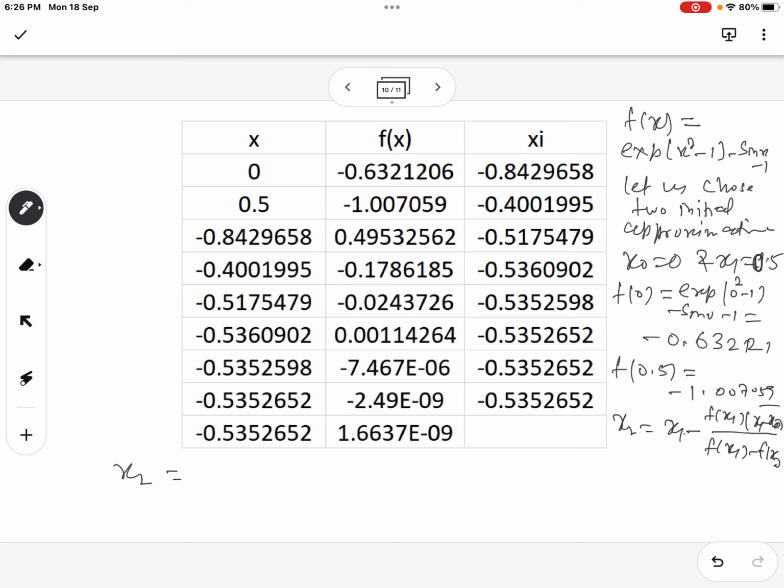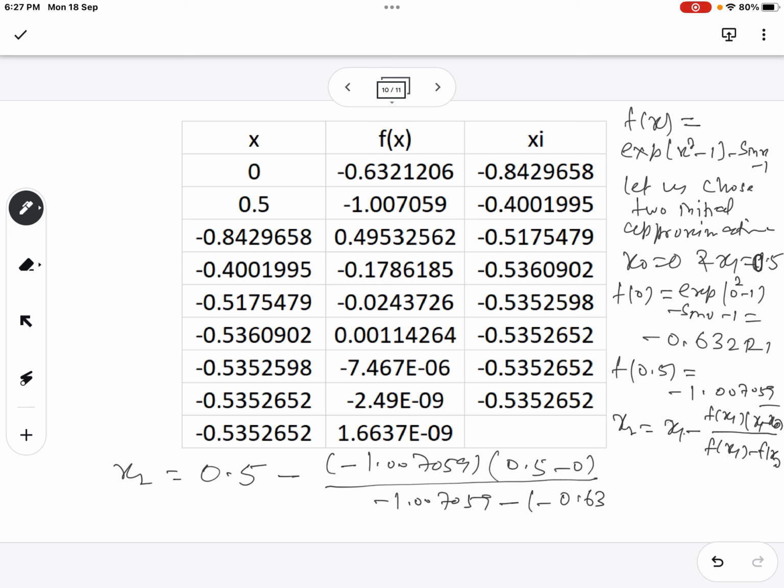So x2 can be written as 0.5 minus f at x1, which is minus 1.007059, times x1 minus 0, which is 0.5 minus 0, divided by f at x1, minus 1.007059, minus f at x0, minus 0.6321206.